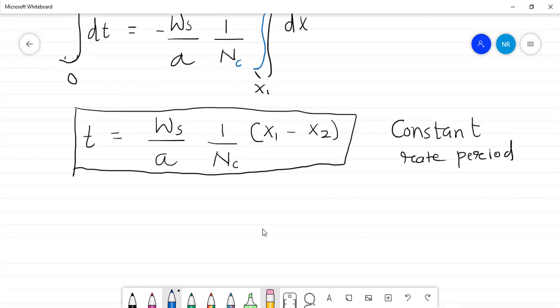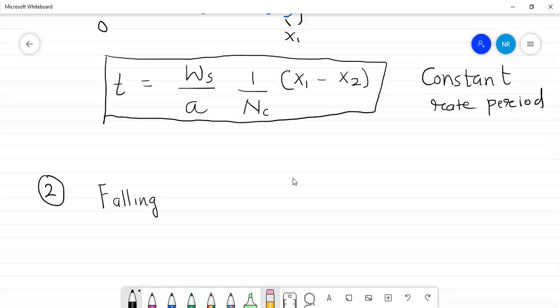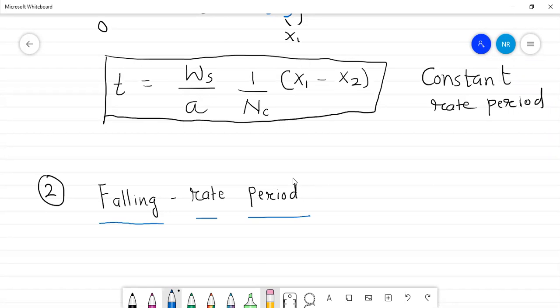Now we have to derive it for the falling rate period.